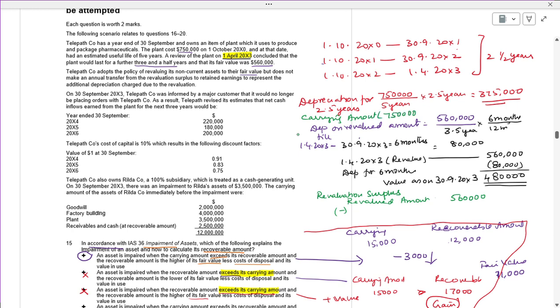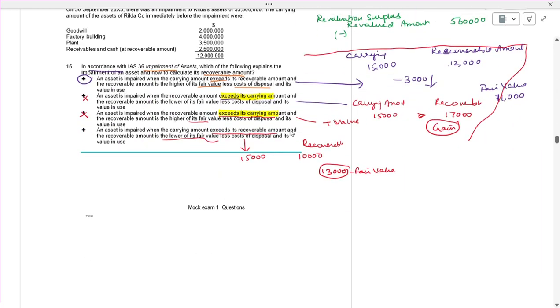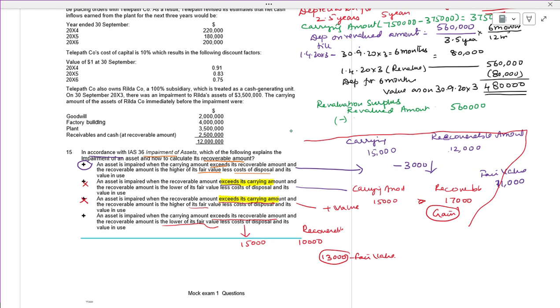Revalued amount 560 minus carrying amount 375. What is the difference? 185.